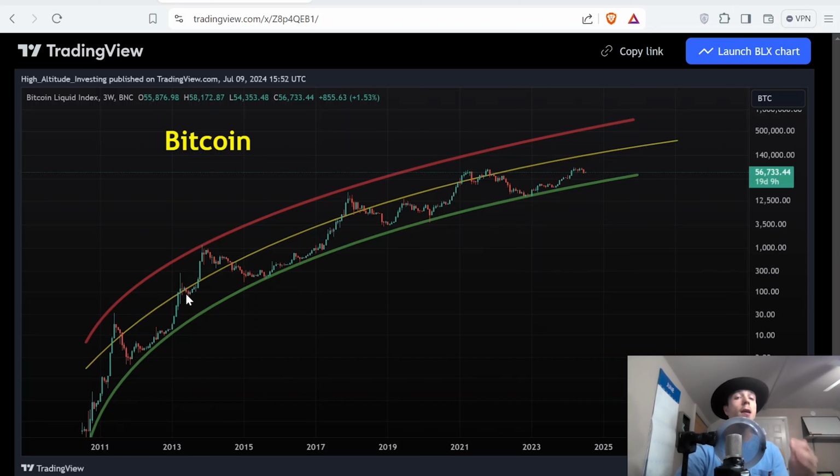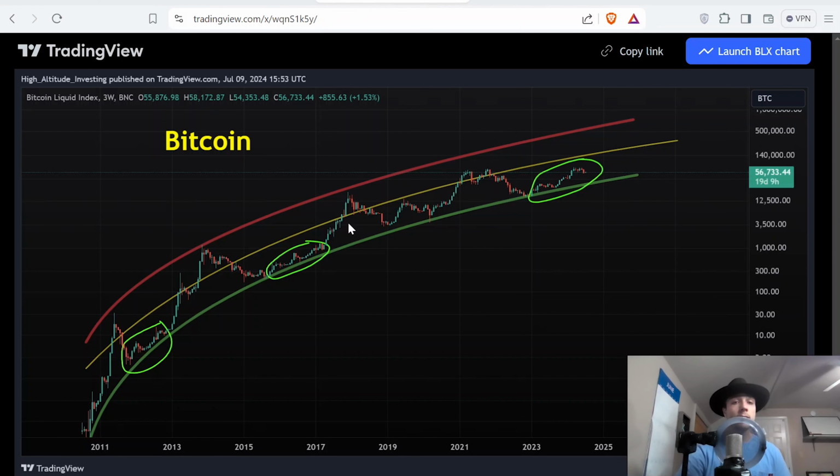In fact, we're on the bottom half of this channel. So we're still in the very, very undervalued phase of the cycle. Until it starts to get closer to the middle of the channel, or even the top of the channel, we're undervalued here on Bitcoin. And I think we're going to see a lot more upside.